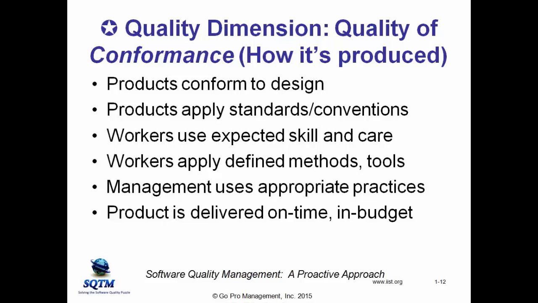Because if something is not delivered on time, then we don't get the value of it as much as we would prefer. And if it ends up costing more than we were prepared to pay for it, then we are deprived of other judgments. Possibly we might have made an alternative approach rather than the one that we did, because the costs end up higher than we were intending to pay.